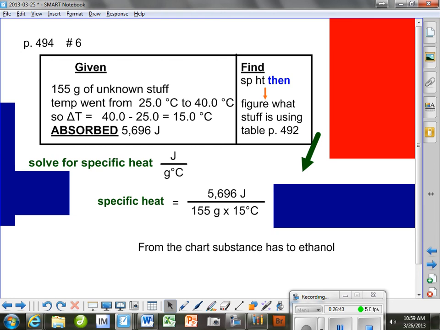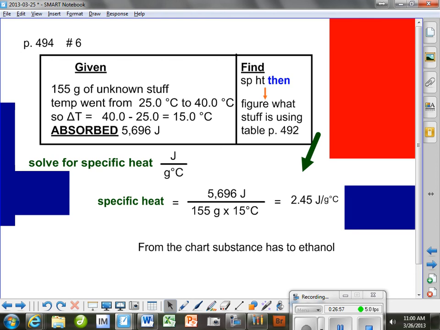Okay, so now we go to the chart and we find that the ethanol is the substance. Because we have to calculate first. Okay, and so we have the number here, and in the chart, ethanol is listed as 2.44, but 2.45 is very close, and so this would be the specific heat that we get for ethanol.